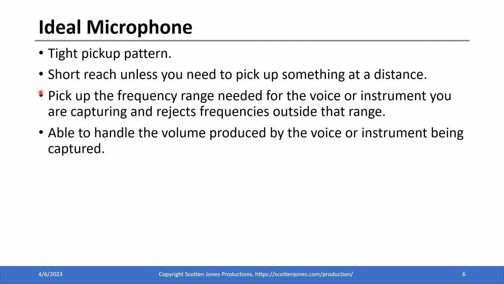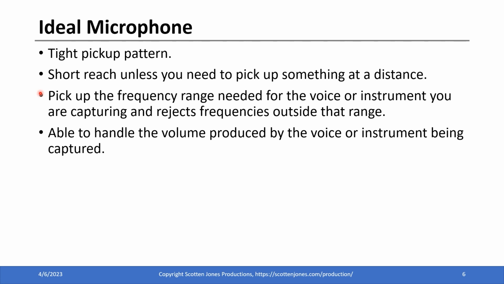The third thing is you want it to pick up the frequency range that's needed for the voice or instrument that you're capturing, but not frequencies outside of that range. If you're miking a kick drum, it's basically all low frequencies. It's a low frequency thump. You don't want a microphone that has really good high frequency response because there's nothing there from a kick drum for you to pick up.